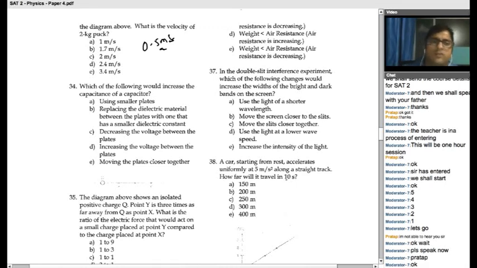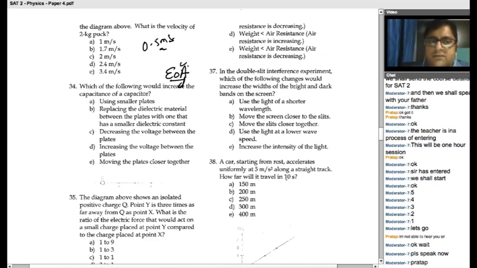Which of the following will decrease the capacitance of a capacitor? Now, capacitance is given by epsilon naught A divided by D, right? If area decreases, it should accordingly decrease the capacitance.